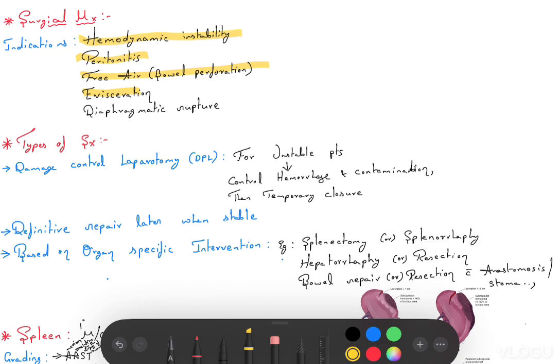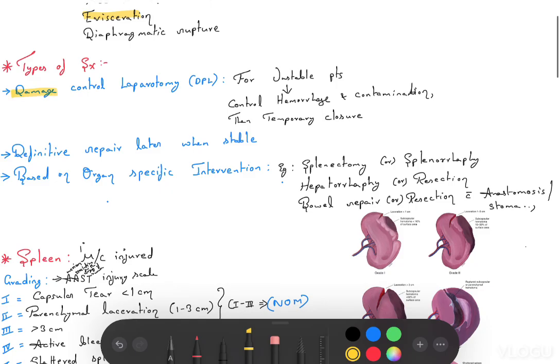The operative procedures: first one is damage control laparotomy. This damage control laparotomy is the most important trauma surgery concept. Why? In damage control, the patient develops the lethal triad. Lethal triad means the patient will go into hypothermia, acidosis, and coagulopathy.